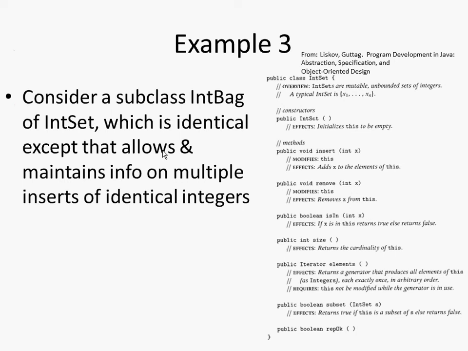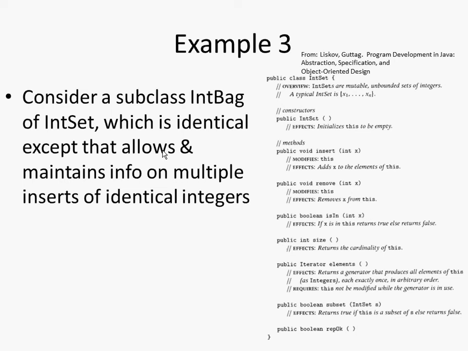And it basically inherits all these methods. So it claims to adhere to all these methods here, except that it differs in that if you insert a given thing more than once, let's say you insert the value 2 more than once, it'll keep track of that. So if you insert 2 twice, then you remove it once, and you ask, is it in there?